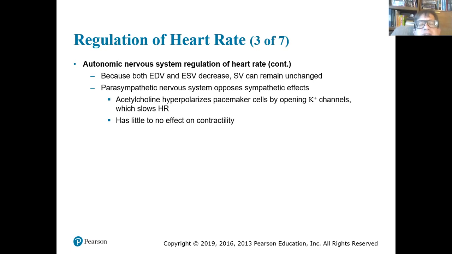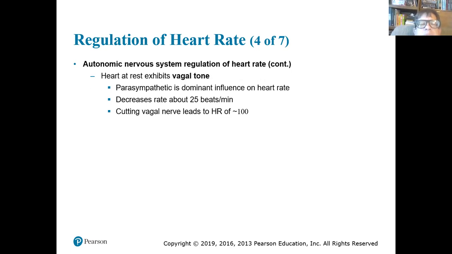It wouldn't do anything to how well the heart contracts, but it would slow the rate down. So the nervous system, the heart has what they call a vagal tone when it's resting, like muscle tone.